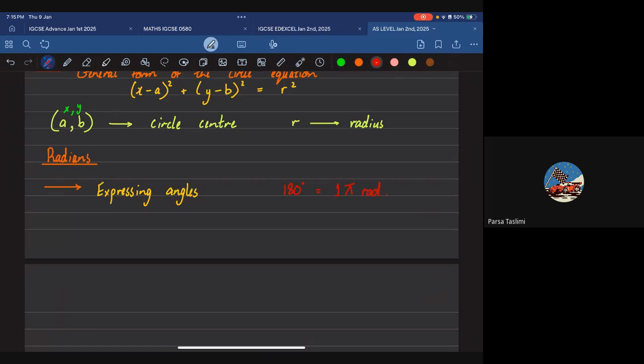Now, what is a radian? Technically, that's the question. What if I were to define a radian to someone?